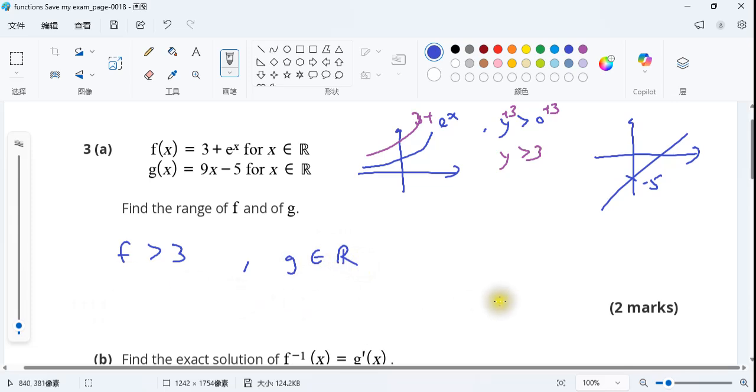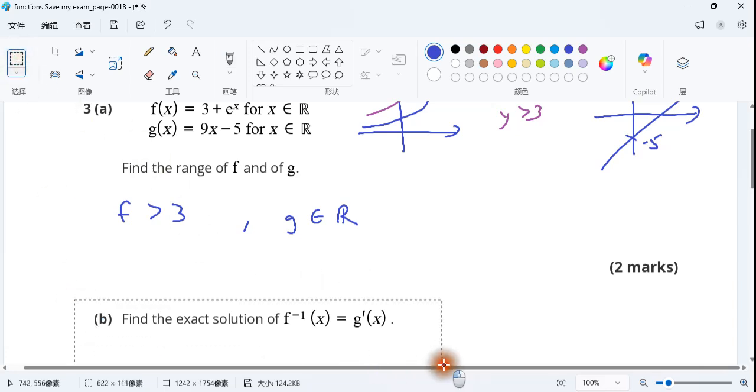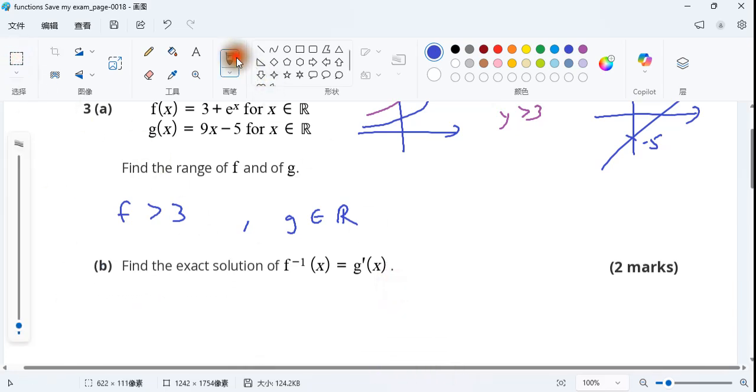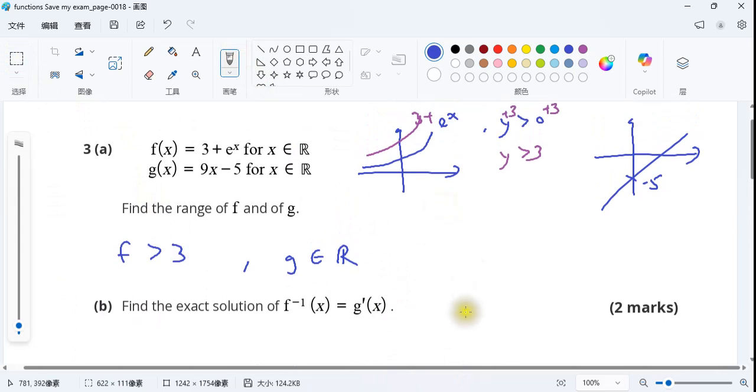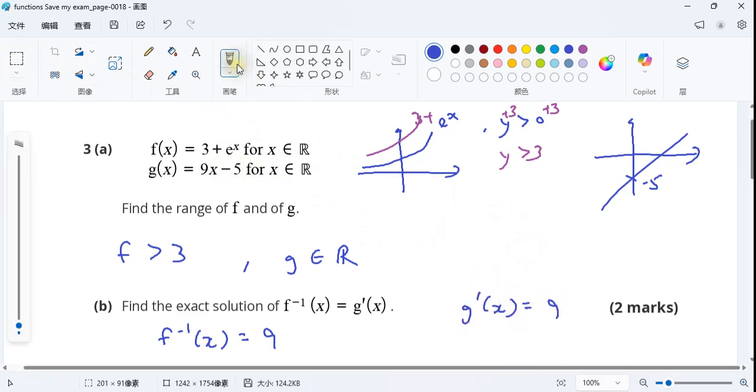Find the exact solution of f inverse(x) = g'(x). So g'(x) is dy/dx. g'(x) is 9, since g(x) is 9x - 5. So they want f inverse(x) = 9.